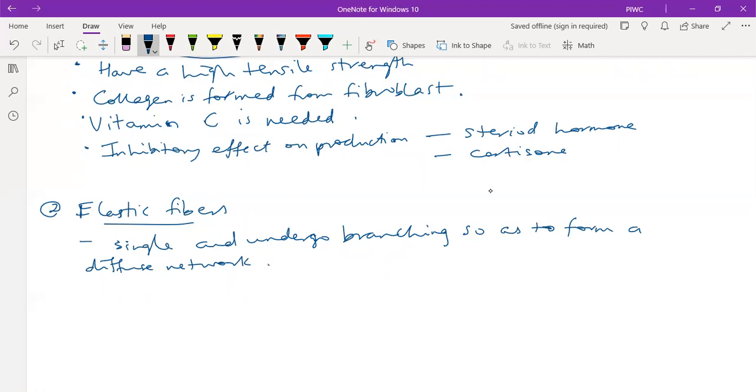Okay, so you're going to see them maybe like this. Now the network under varying degrees of stretch is, to a considerable extent, responsible for the maintenance of a slight tissue pressure, ranging from 2 to 14 centimeters of water.